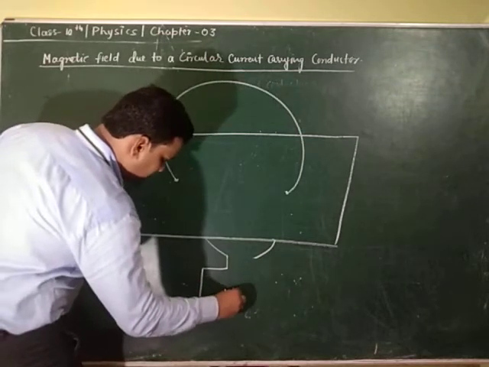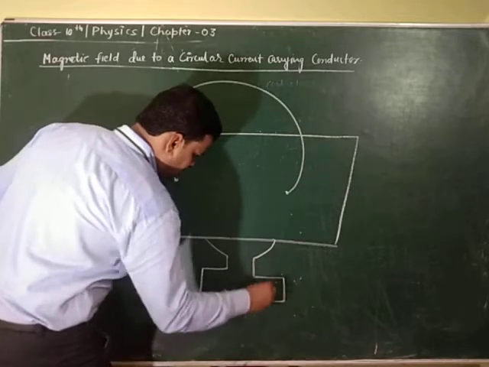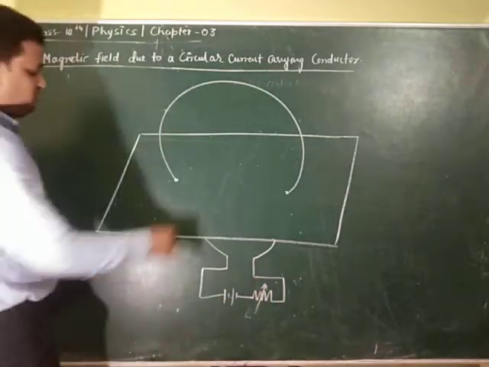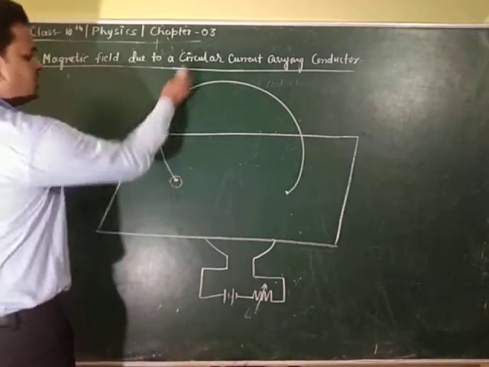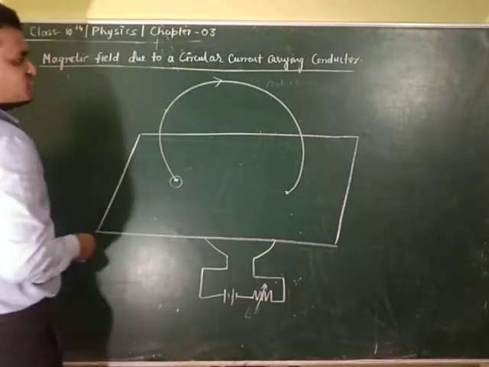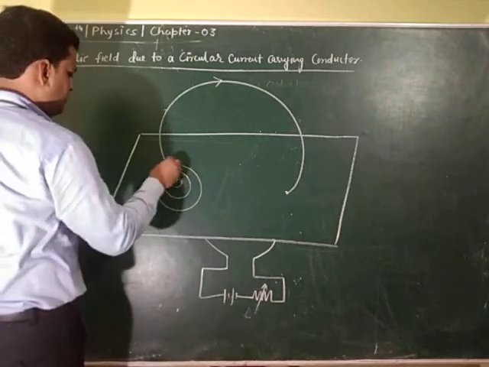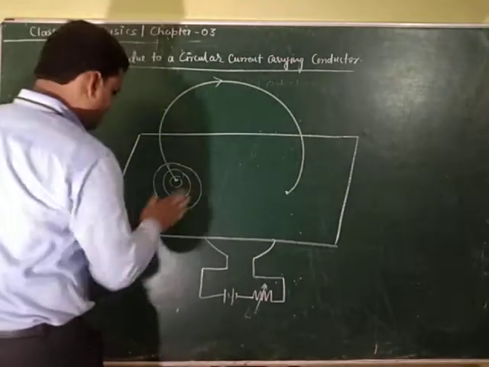This is a battery, and this is a rheostat to control the amount of current. Here this is just a straight conductor. This just looks like a straight conductor. So we will apply the straight conductor rule here, and we will make the magnetic field here.